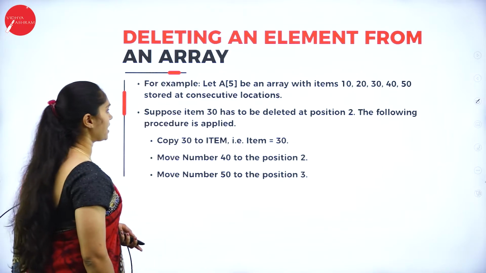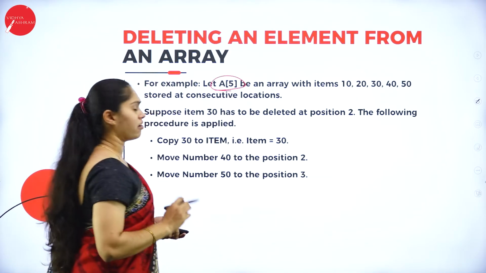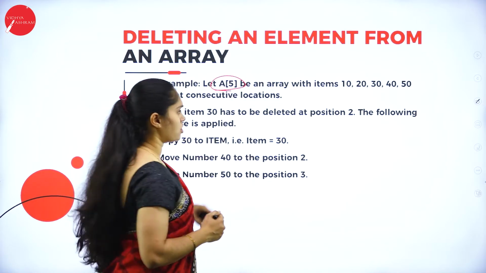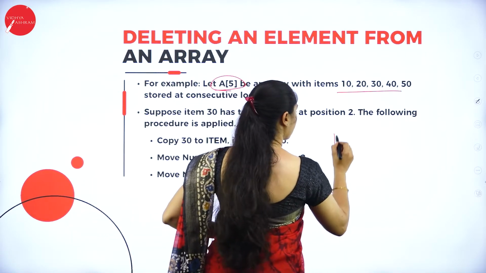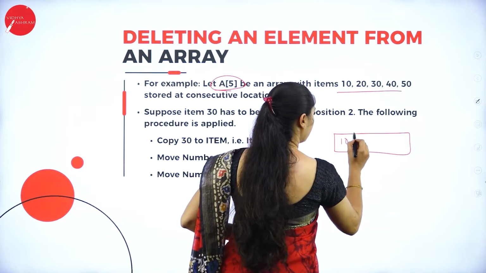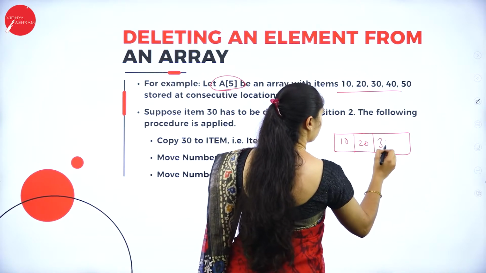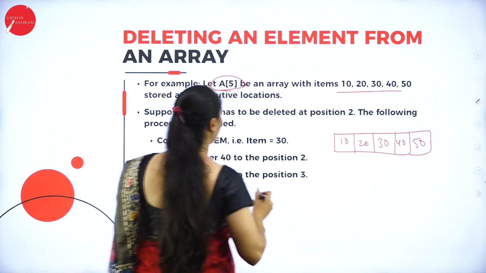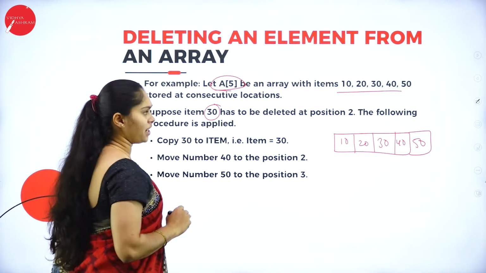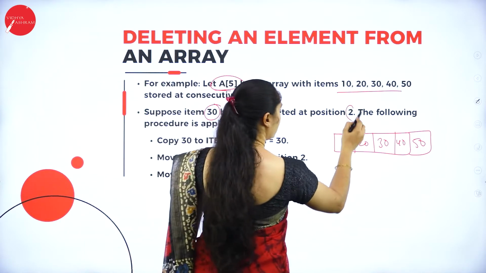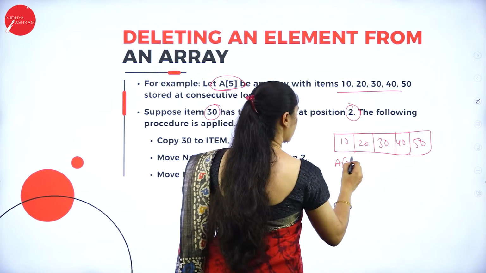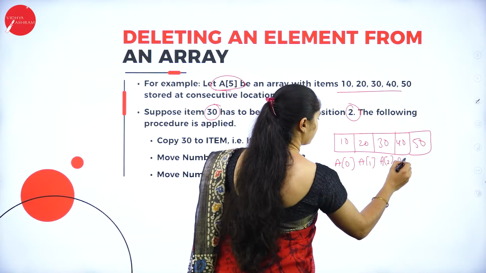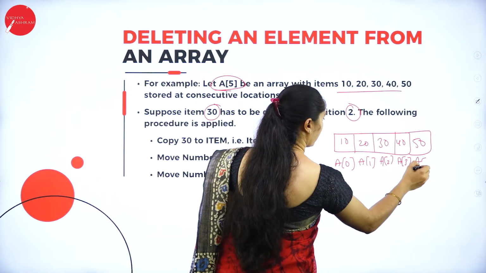Let me consider an example. Same thing, we have A of 5 with elements 10, 20, 30, 40, 50. 30 needs to be deleted from position 2. This is A of 0, A of 1, A of 2, A of 3 and this is A of 4.